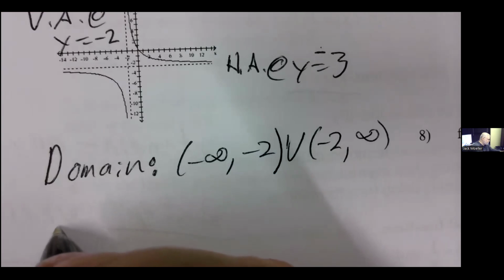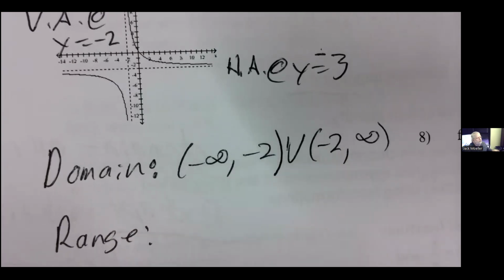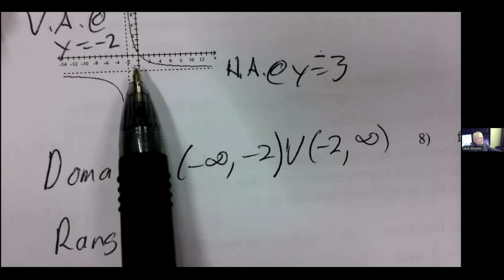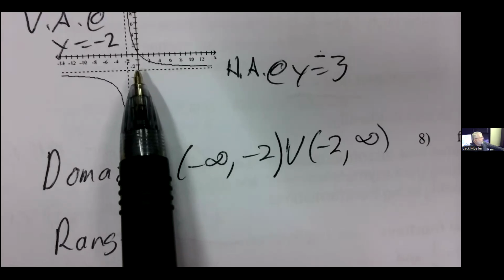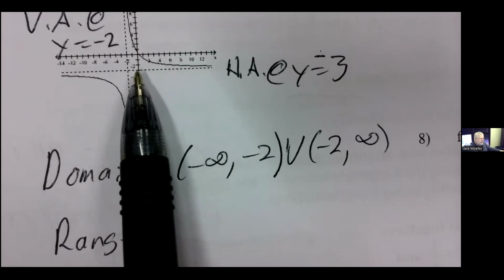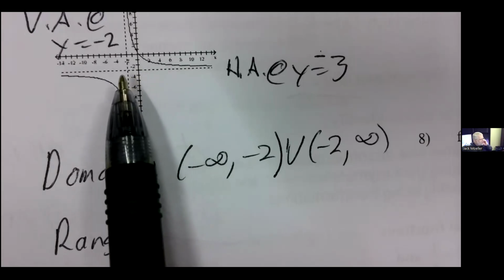Now, what about the range? Sometimes the range can get a little bit trickier if we cross that horizontal asymptote. The most common time we cross the horizontal asymptote is with those that had 3 pieces. Sometimes that parabola is the one most likely to cross the horizontal asymptote.